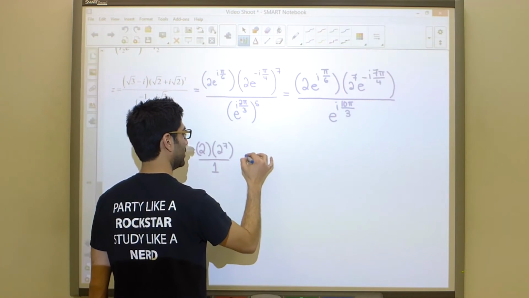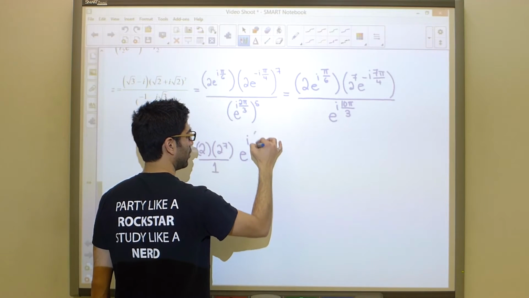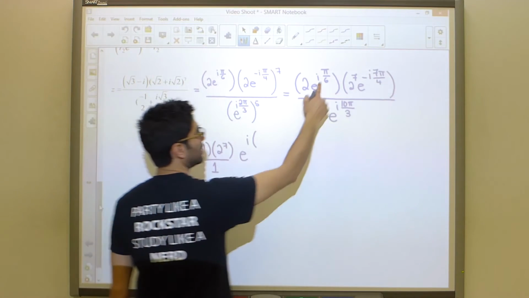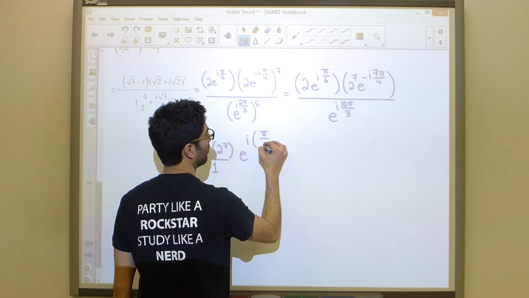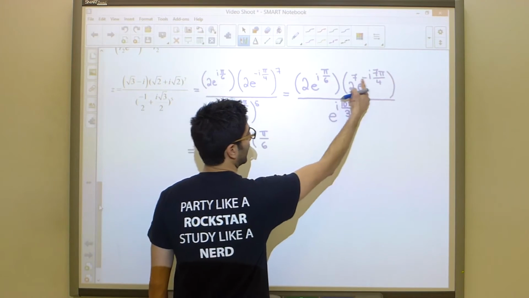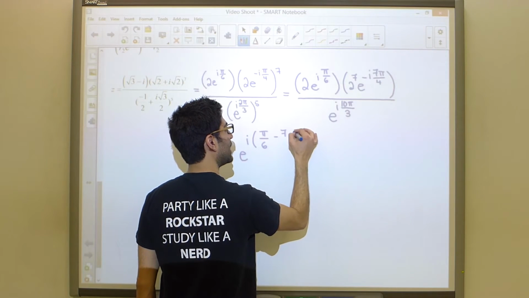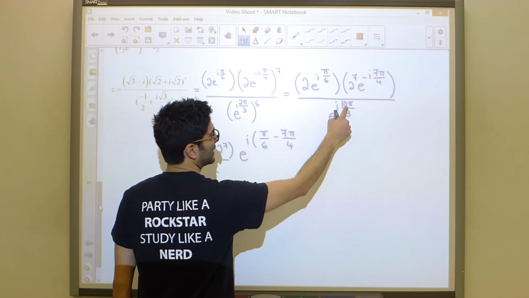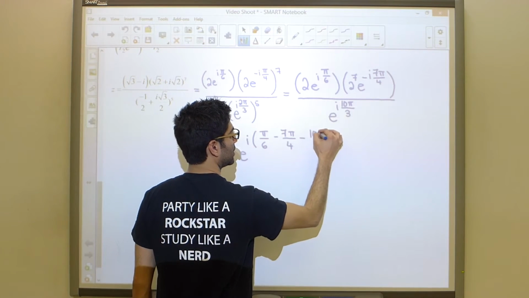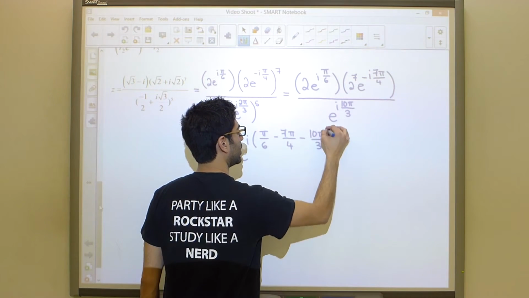Now let's deal with the angles. e to the i, open bracket. Since these two are being multiplied, the angles are simply added: pi over 6 plus negative 7 pi over 4. And I'm going to subtract this angle, so minus 10 pi over 3.